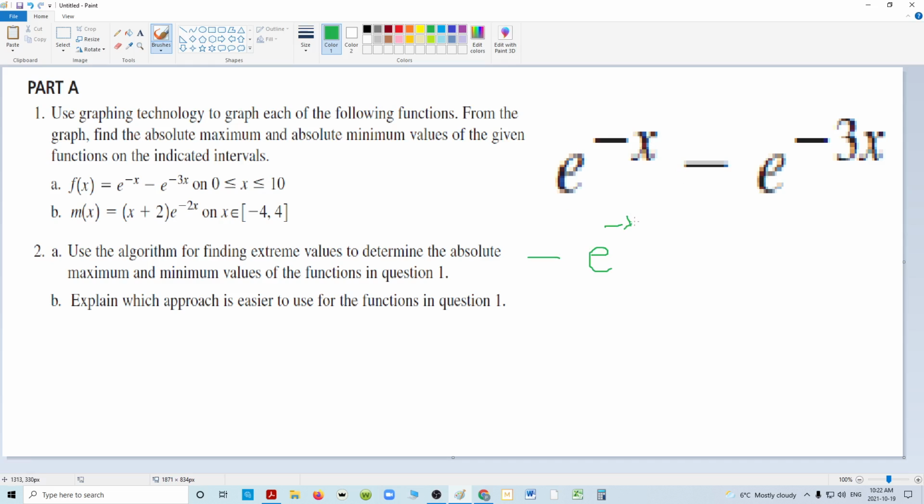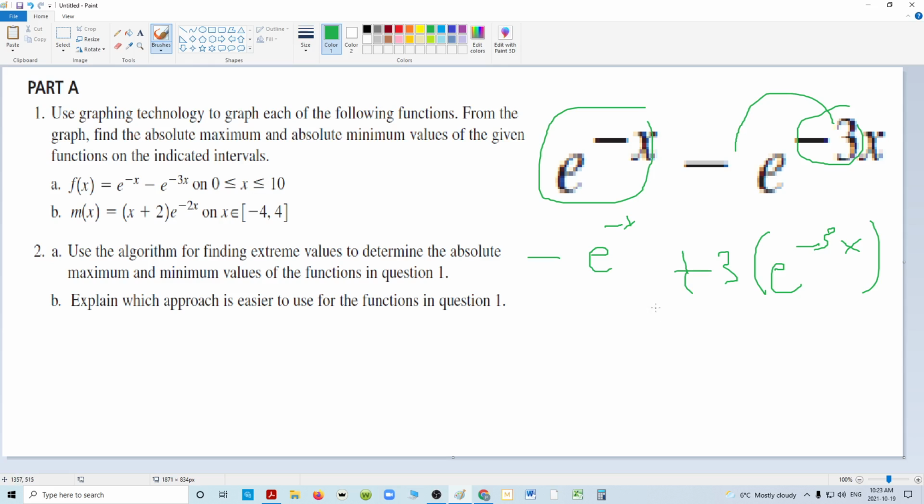And that's because the derivative of this is just this times the derivative of that. The derivative of that is just minus 1. Same with this one. This minus 3 is the derivative of this, so it comes in front and multiplies this minus and becomes plus 3. And then it multiplies the original function. Boom, you're done.